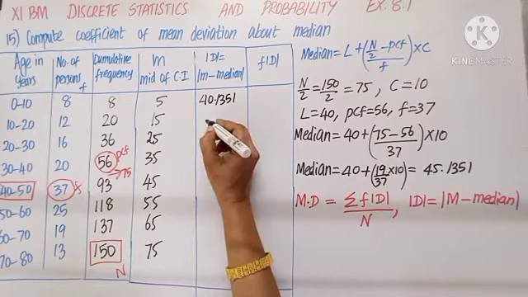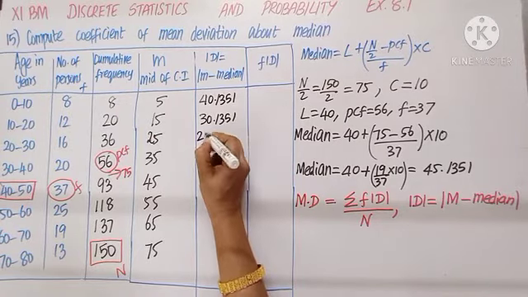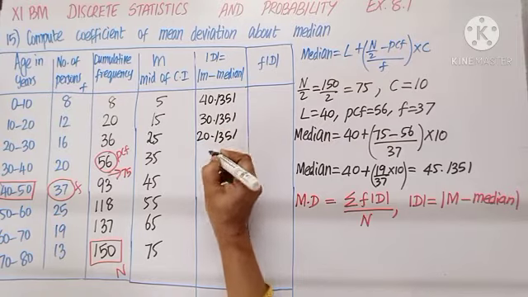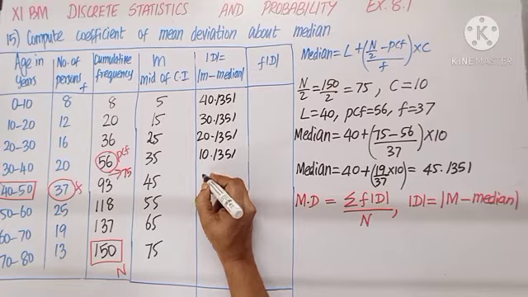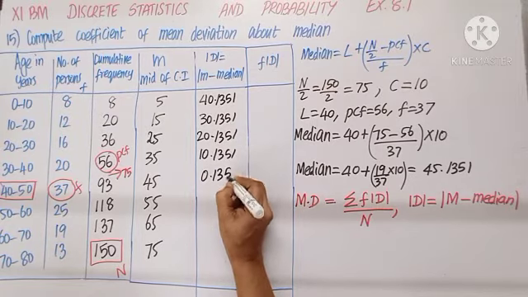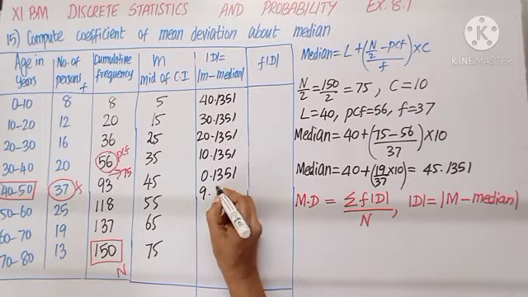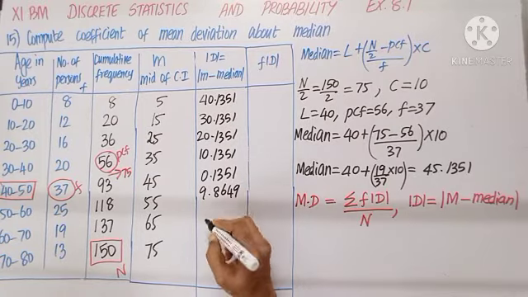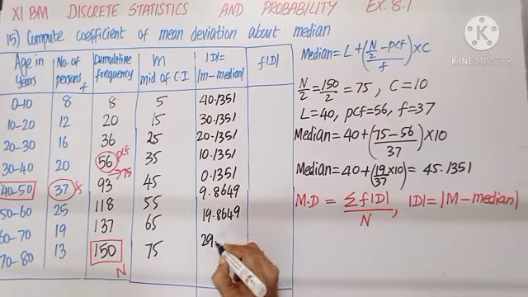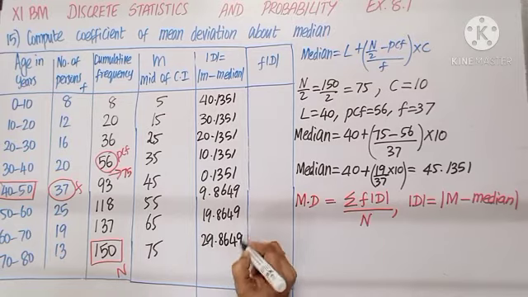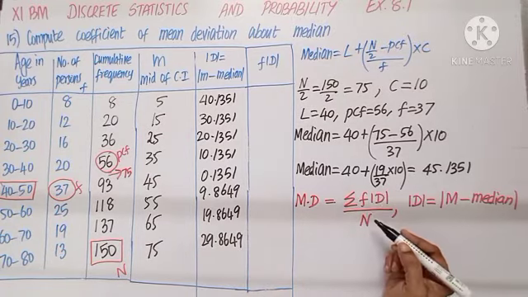Subtracting in the same way, 30.1351, 20.1351, 10.1351, 0.1351, 9.8649, 19.8649, 29.8649.